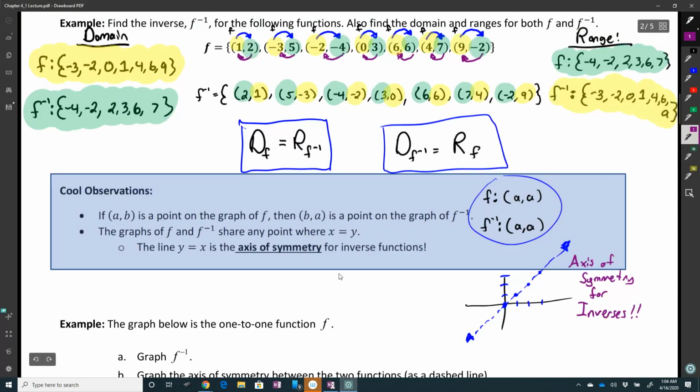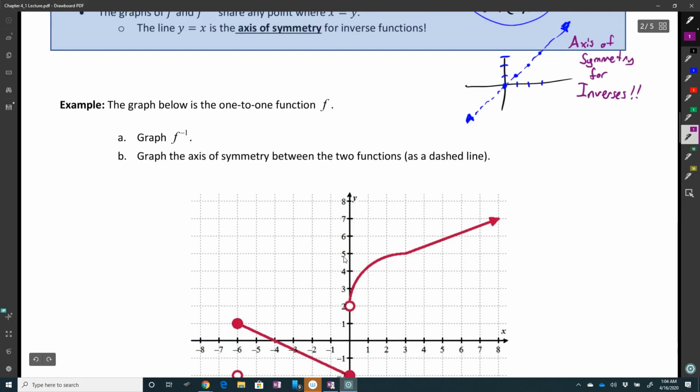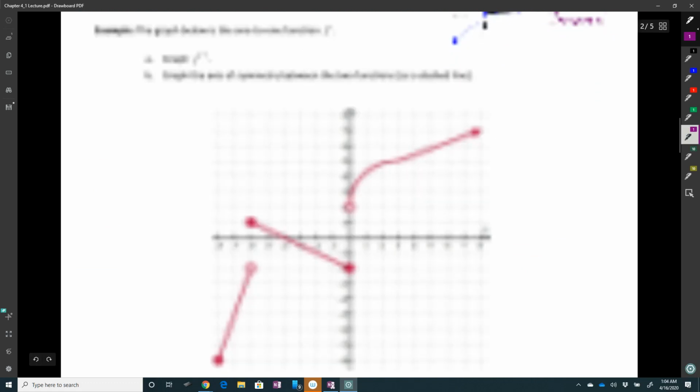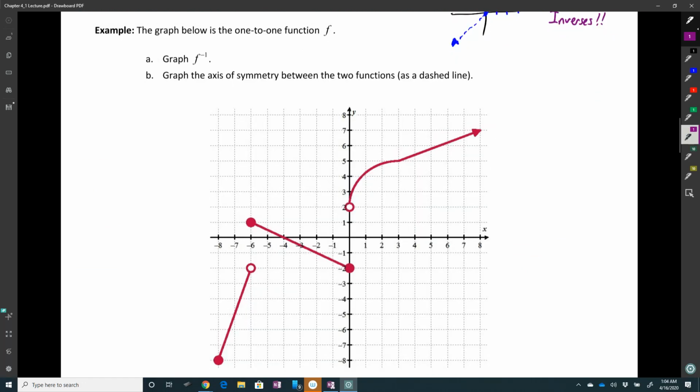Anyway, let's create our own graph in this example. So what I have here is a picture, and we're going to graph the inverse. We're going to label the axis of symmetry. So first, let's start by drawing the axis of symmetry. The axis of symmetry is (0, 0), (1, 1), (2, 2), (3, 3), (4, 4). Basically, every point along the line y equals x.